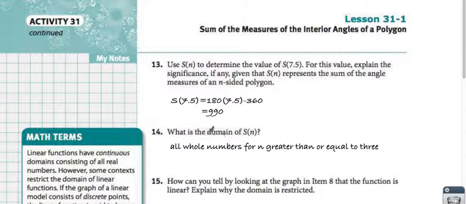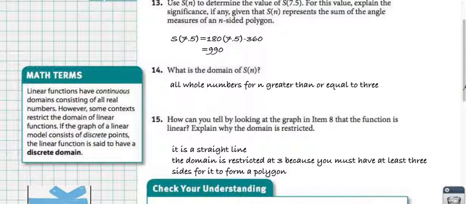And so the domain of s of n would be all whole numbers for n greater than or equal to 3, because the domain is the x, and so we can look at the number of sides in any capacity that are whole numbers. And how can you tell by looking at the graph in item 8 that the function is linear? Well, it's a straight line. The domain is restricted at 3 because you must have at least 3 sides for it to form a polygon.